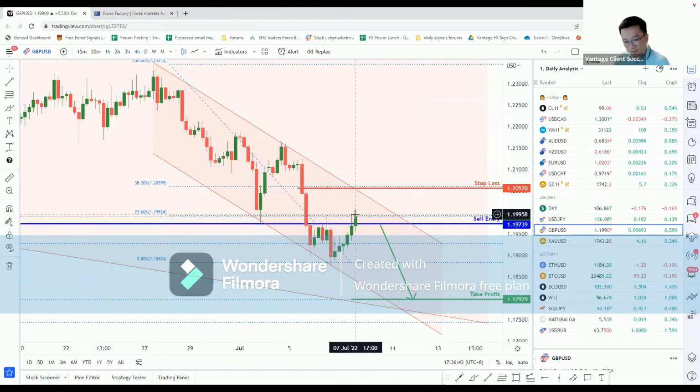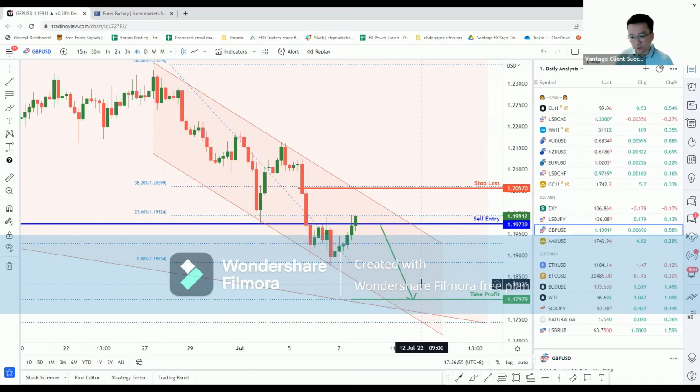I think that we're going to see it come up towards this point, maybe at the top of this channel before turning back down. So overall view, I still look for further downside on the pound dollar towards that 1.18 level, but it needs to break, test higher and break this point.